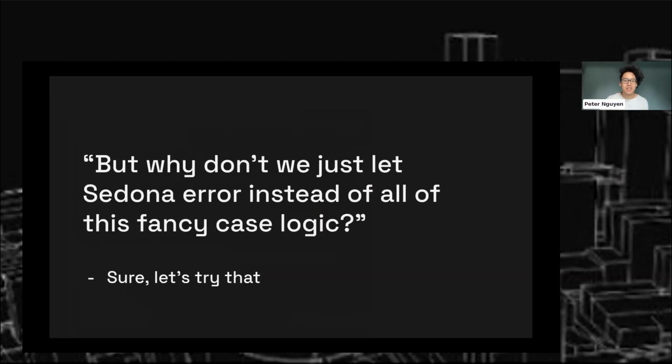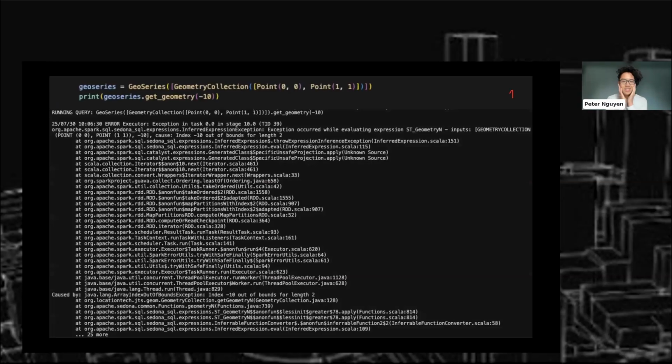And what I mean by that is that if you don't have all this, then you will face a very scary error like this. A lot of my work has been easing out these sorts of things. If you run a negative index in Apache Sedona, you will get a very scary error like this, which the Python user, I'm a little intimidated by.